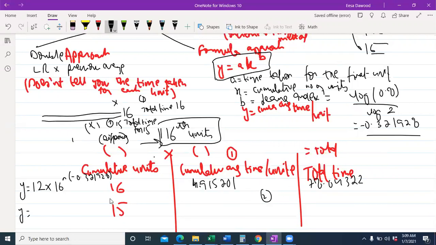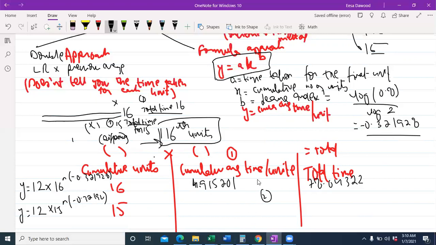And now I need to calculate the cumulative average time per unit for 15 units. The time taken for the first unit, A, into x raised to the power of the same learning index, 0.321928. This will give me the cumulative average time per unit I'm looking for, because I want the total time for 16 and the total time for 15, and then taking the difference will give me the total time for the 16th unit, right?